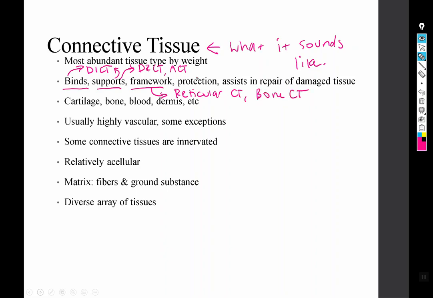And then protection is stuff like dermis, which is another kind of dense irregular connective tissue. Bone also represents protection because, of course, it's going to protect your soft, squishy organs from anything that might want to damage it. So one important example would be your cranium, which is the set of bones that is fused around your brain to protect your brain from the outside world.